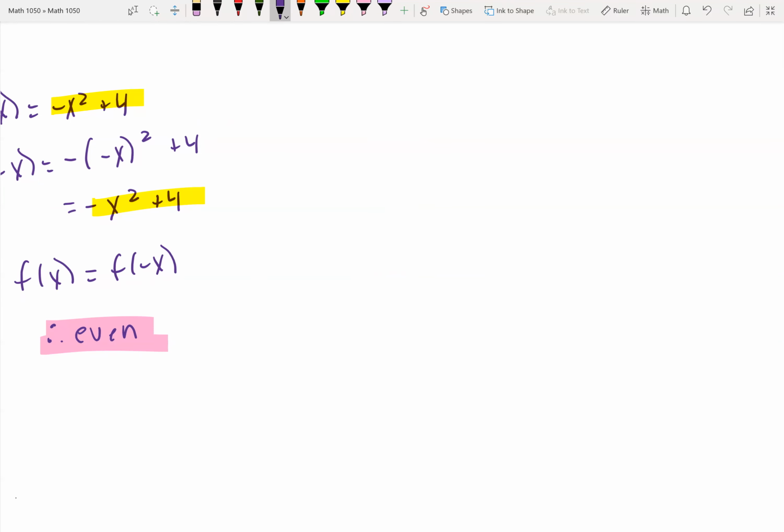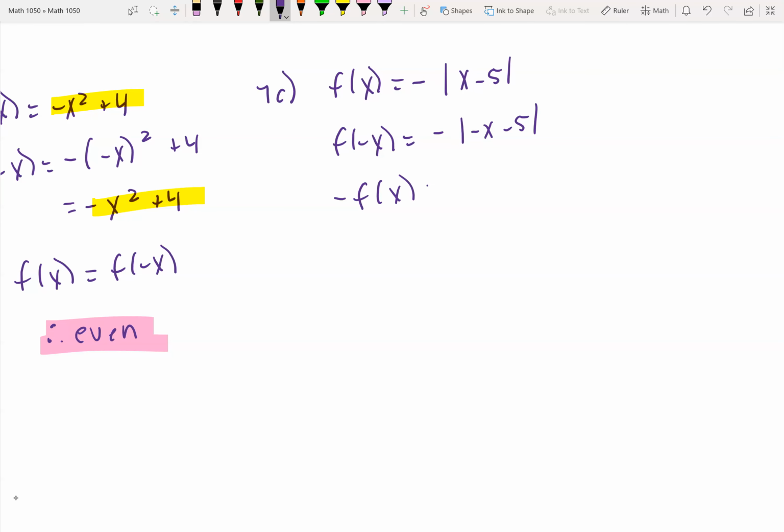Okay? 7c, f of x is equal to negative absolute value of x minus 5. So I'm going to find f of negative x. So it's negative x minus 5. Then I'm going to find negative f of x. That's like this, guys. Look, negative absolute value of x minus 5.